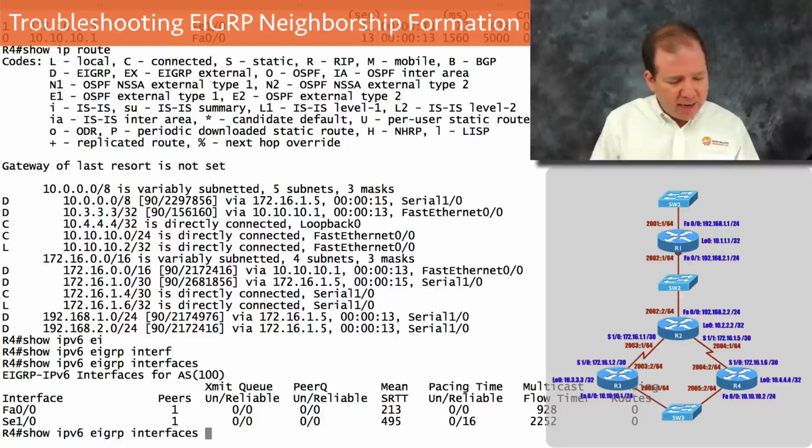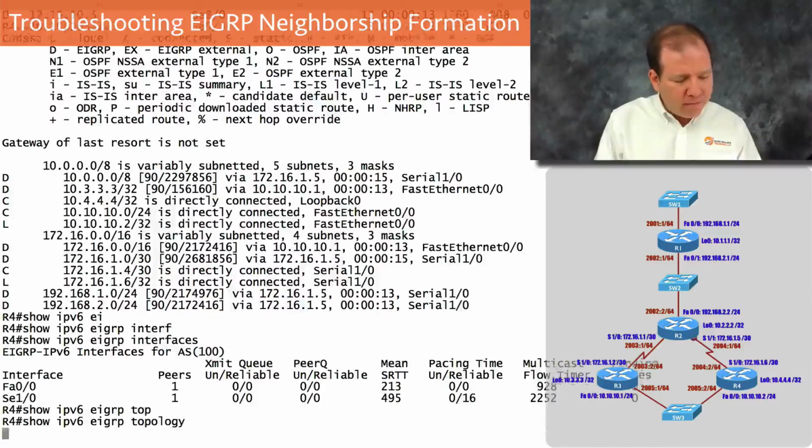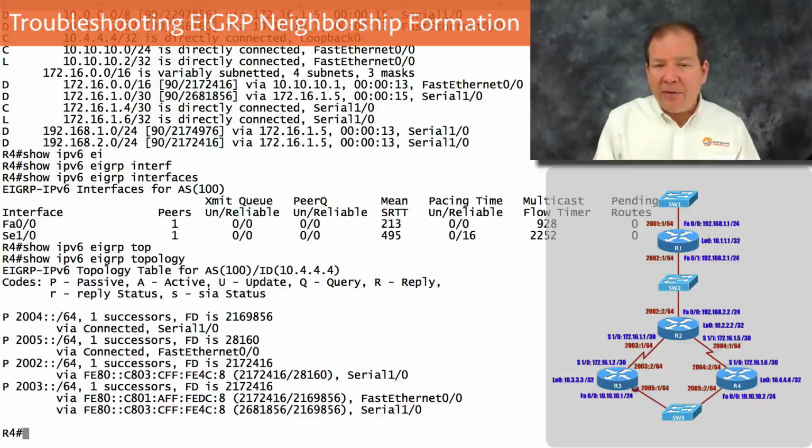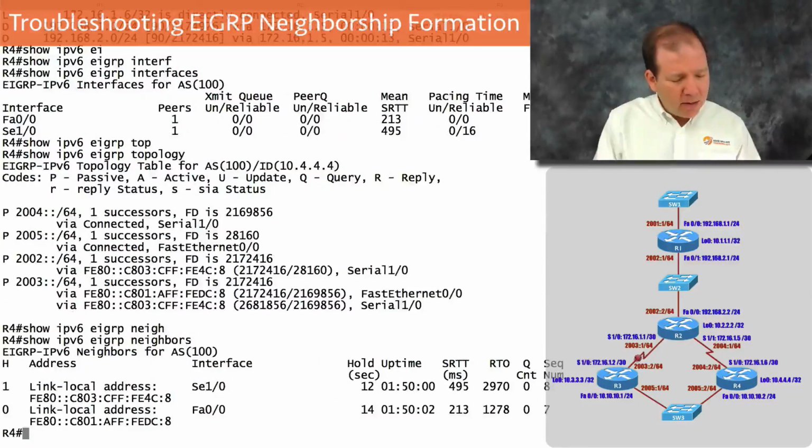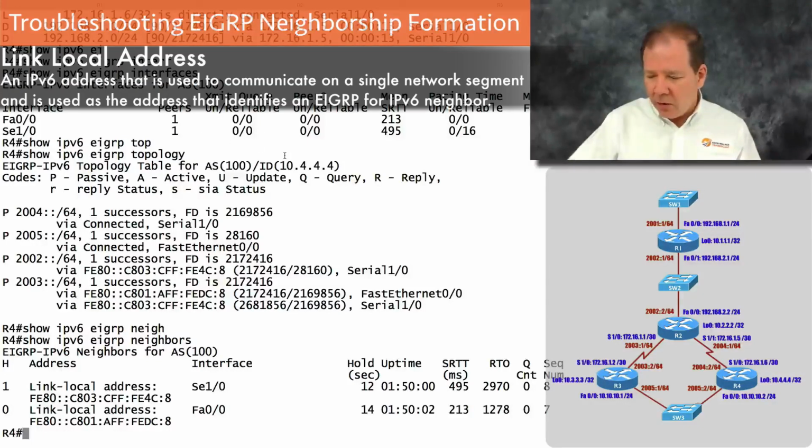They're participating. Show IPv6 EIGRP topology. This can show me what IP version 6 routes that EIGRP knows about. And we can see what neighbors we have. And notice the neighbors are using the link local addresses.